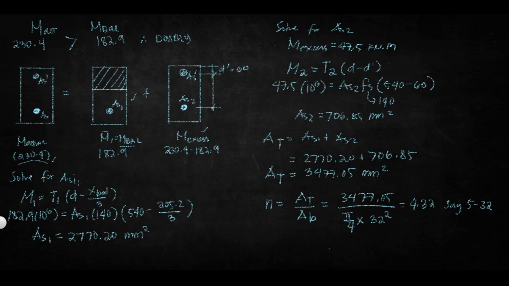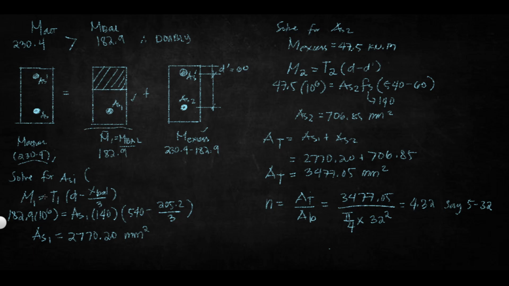So solve for AS1. We have here the formula for moment using the tension force. So we have M1 is equal to T1. Ito yung kino-consider natin muna. Unang pakialaman yung sa M excess. Dito muna tayo.